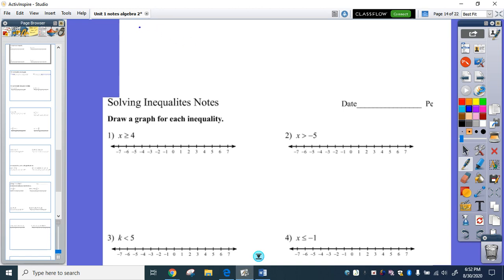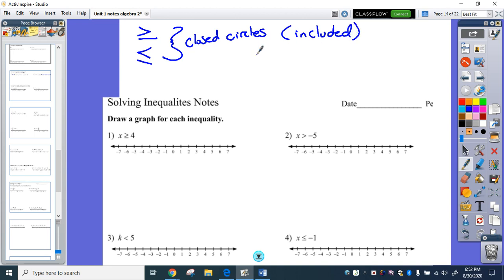When you have a greater than or equal to or a less than or equal to symbol, these are going to be closed circles because they are what is called included in the solution set. And if you have a greater than or a less than, those are going to be open circles because they are not included.